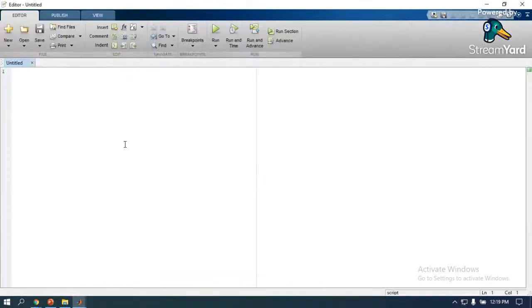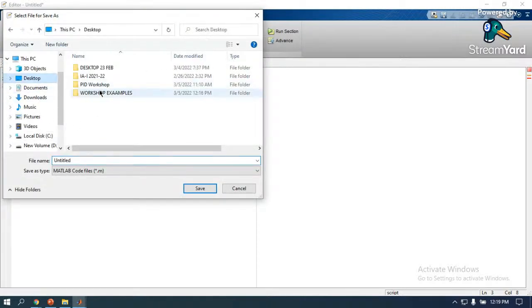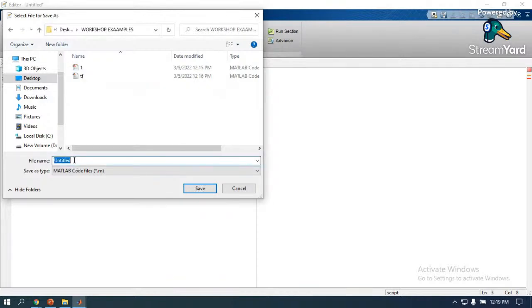Just S is equal to TF of S and G equal to what? 1 divided by S square plus 10 into S plus 20, right? Give me step response of G. I will save this.